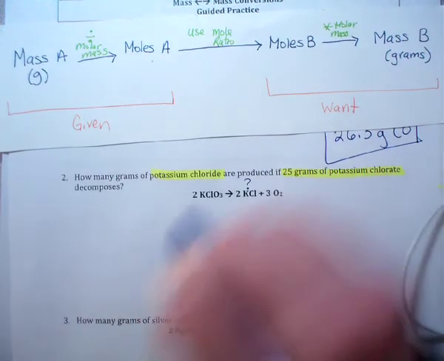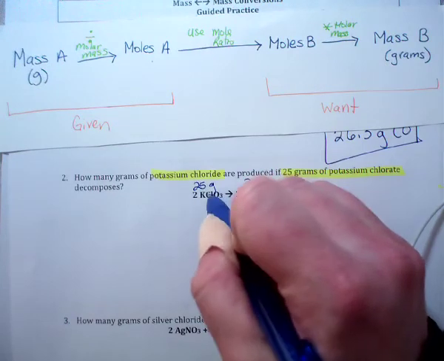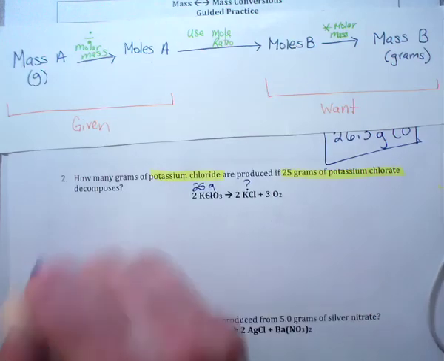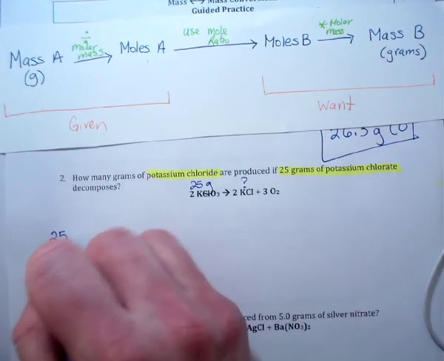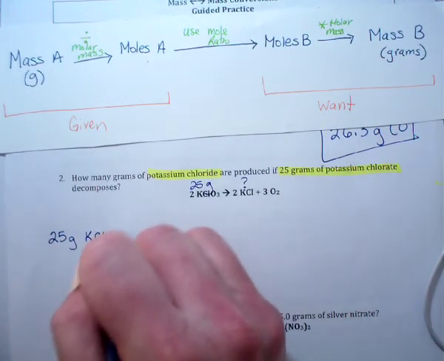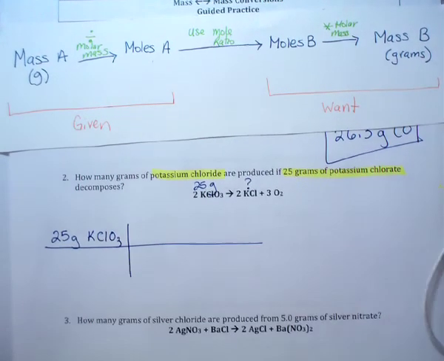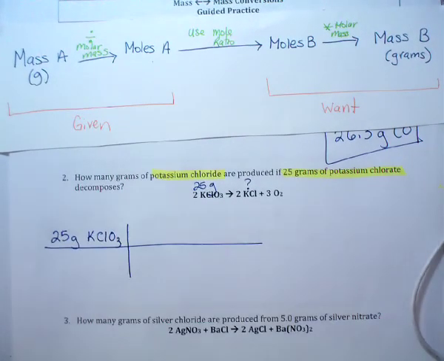And I gave you 25 grams of potassium chlorate. To start, I'll write down my given, which is 25 grams of KClO3. And I need to turn grams of KClO3 into moles of KClO3.